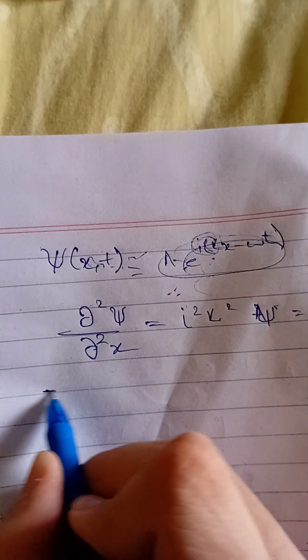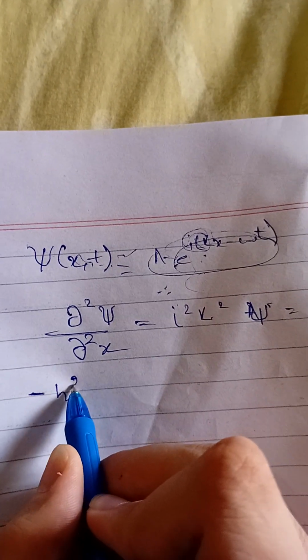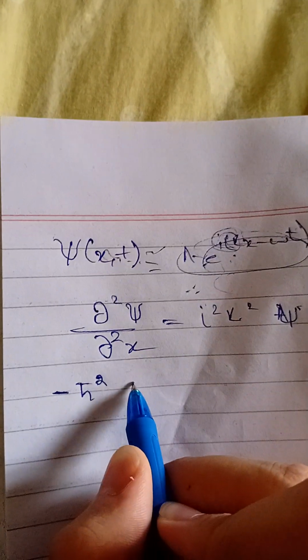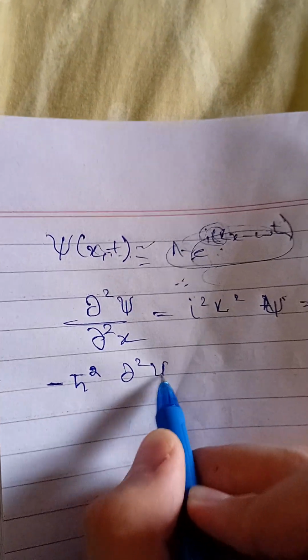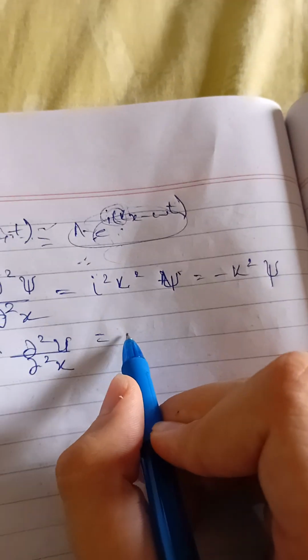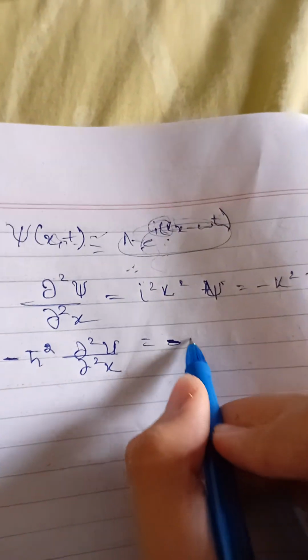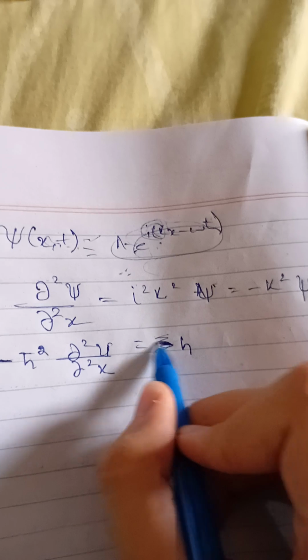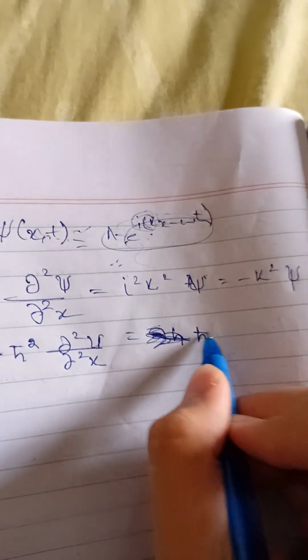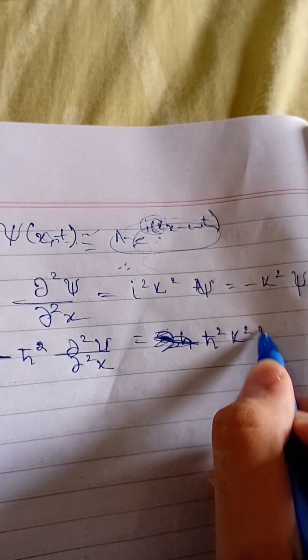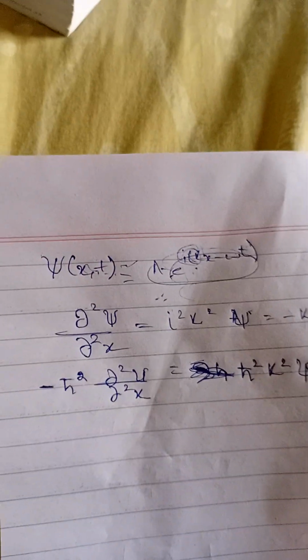Now we multiply both sides by the negative reduced Planck's constant squared. Why do we do that? It's just to get this form of the equation. The minus signs cancel, so it's the reduced Planck's constant squared, k squared, and the wave function itself.